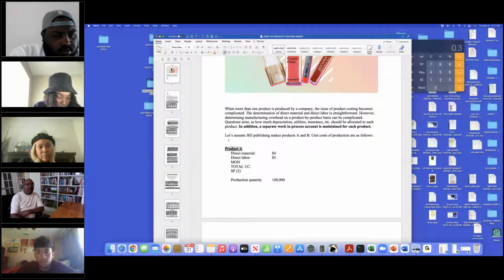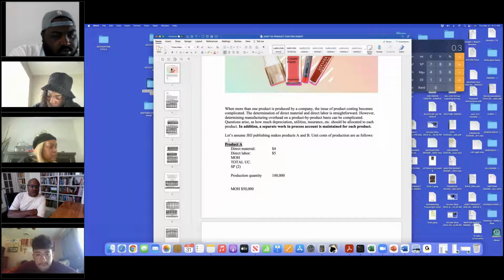As a way of review, manufacturing overhead is 50,000. The production quantity is 100,000. Direct materials is 4. Direct labor is 5. Your total MOH is 50,000.